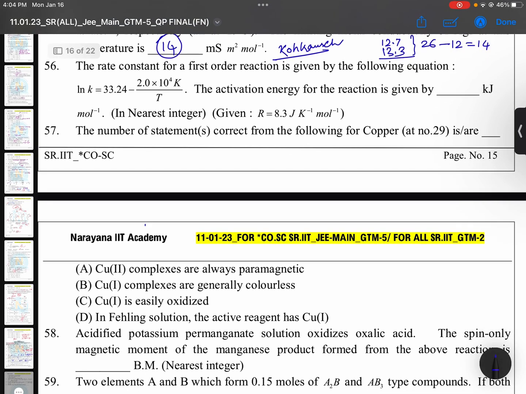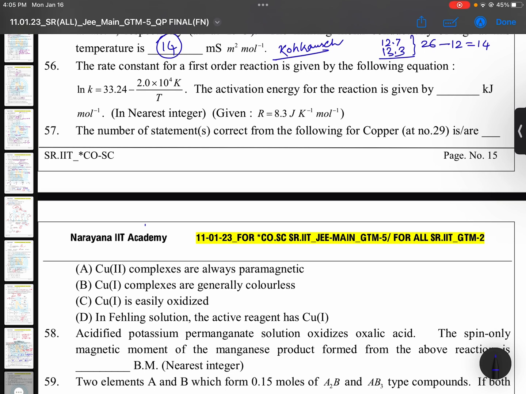The rate constant for a first order reaction is given by the following equation. The activation energy for the reaction is given by dash kilojoules. Okay, now, what is the equation? K is equal to A e to the power of minus Ea by RT. ln K is given here.